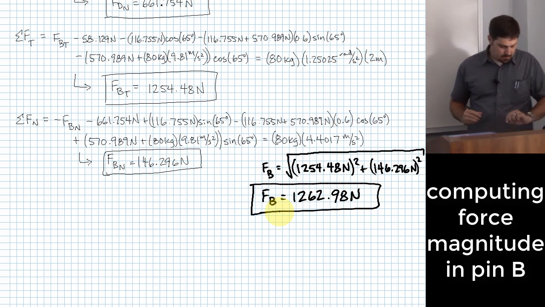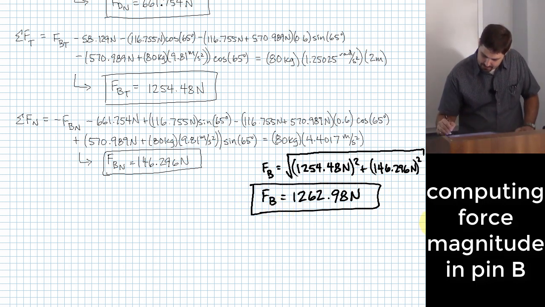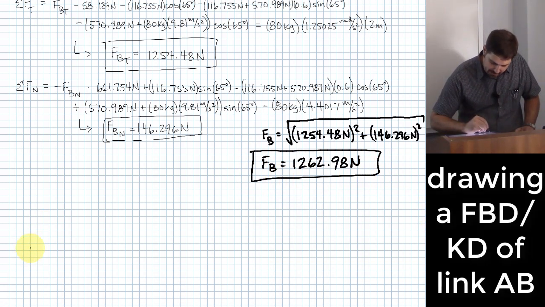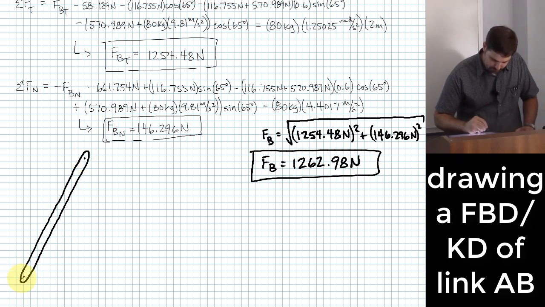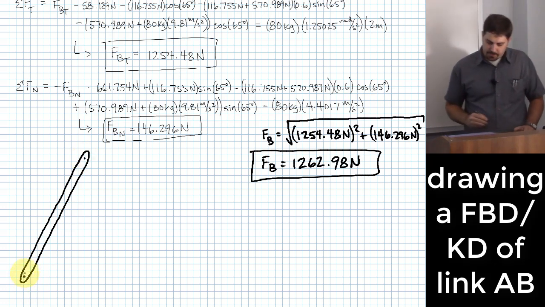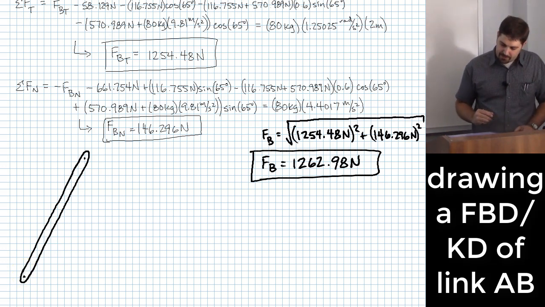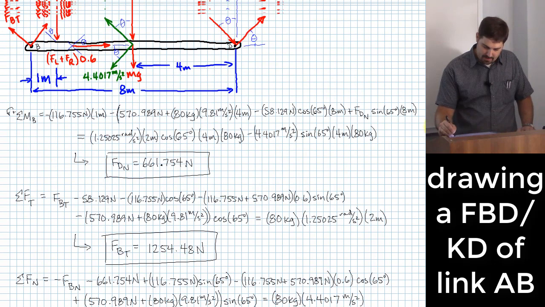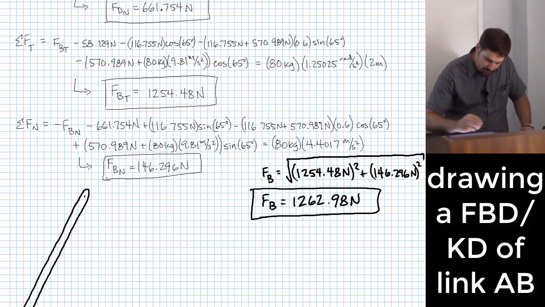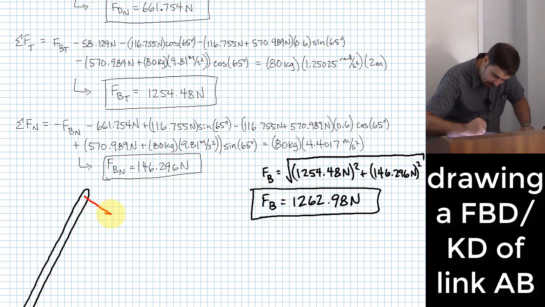All right. Last thing. Another free body diagram. Okay. For this free body diagram, I know that I have an FBT, okay, that acts equal in magnitude, opposite in direction.